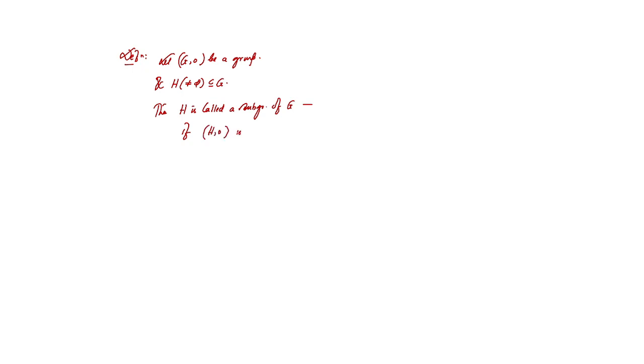So here our definition is: let (G, ∘) be a group. Here ∘ is basically the binary composition, and let H be a non-empty subset of G. Then H is called a subgroup of G if H, with respect to the same binary operation, is a group.